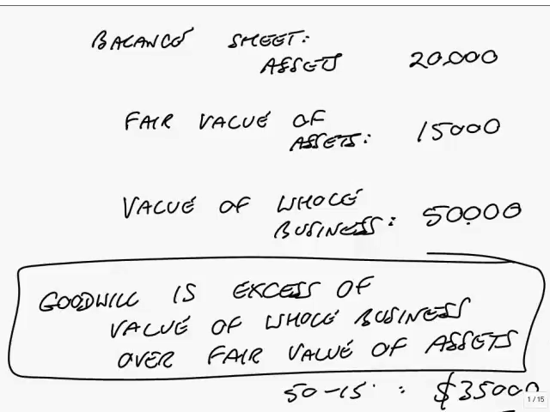Do you all agree? Doesn't matter what's in the balance sheet, I'll sell them for 15. Hopefully you'll pay a lot more because my business is earning money. Well, any extra you pay over the 15 the assets are worth, the extra is what you're paying for the goodwill. Are we clear?